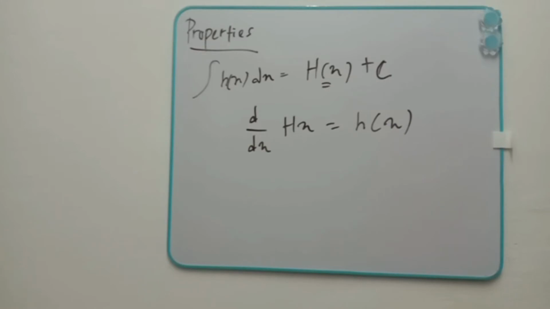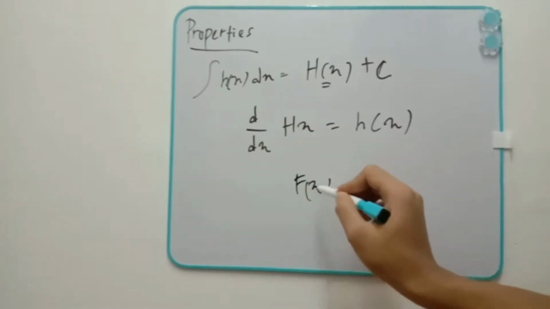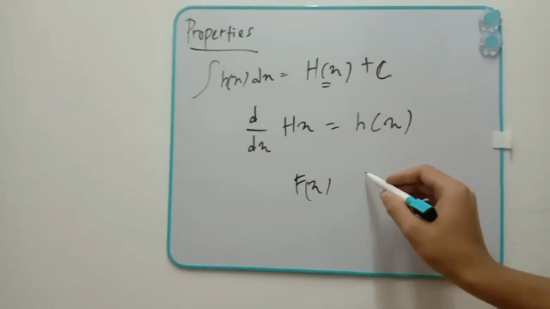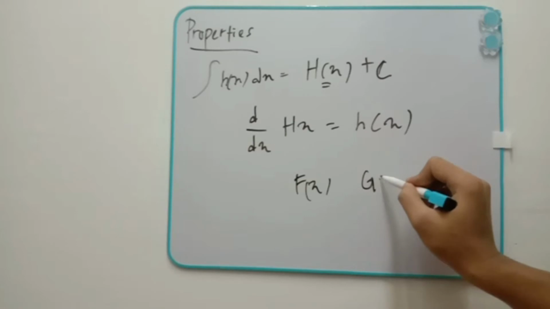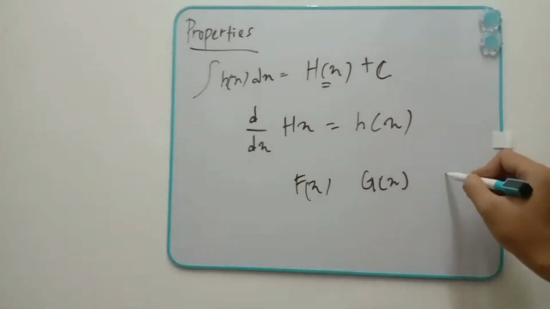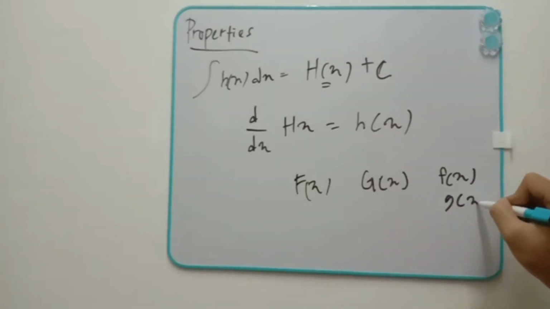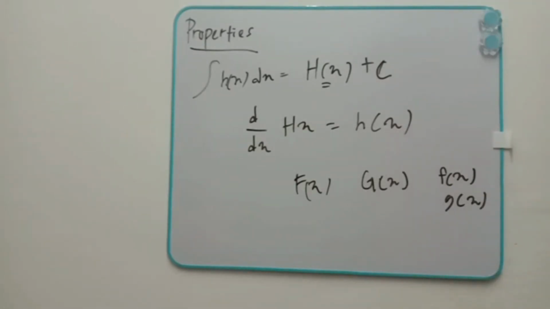So we are given that F(x) and G(x) are antiderivatives of f(x) and g(x).